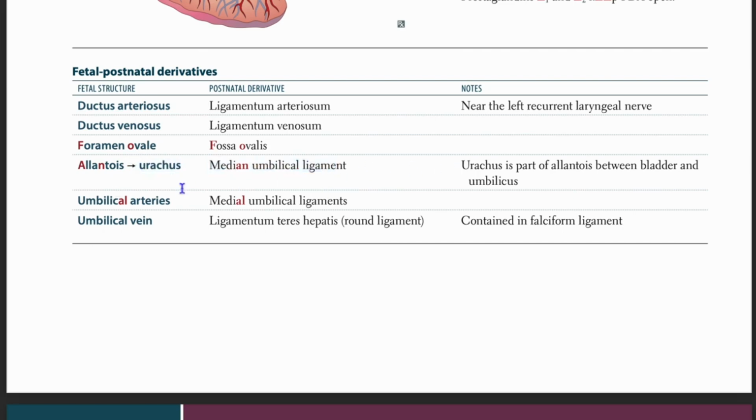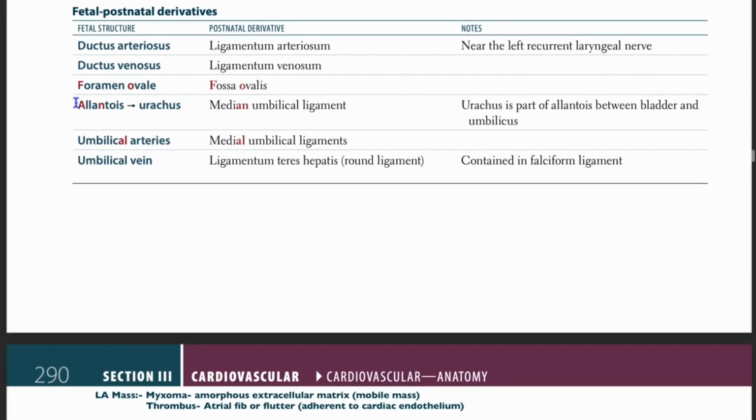So that's what's important about that. Allantois turns into urachus. Okay, so patent allantois or patent urachus, I guess, one or the other. Umbilical arteries become medial umbilical ligaments. So that's what that turns into.